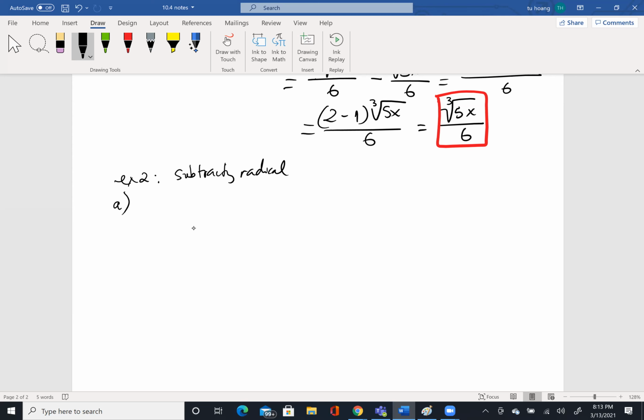I have 4th root of 81 a to the 8 b to the 6 minus the 4th root of 16 a b squared.